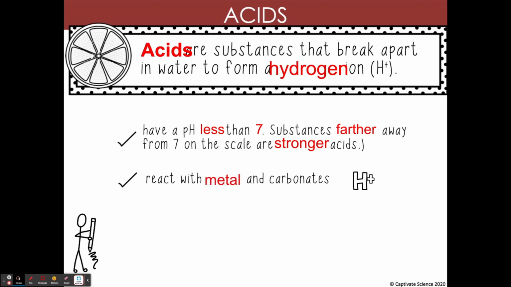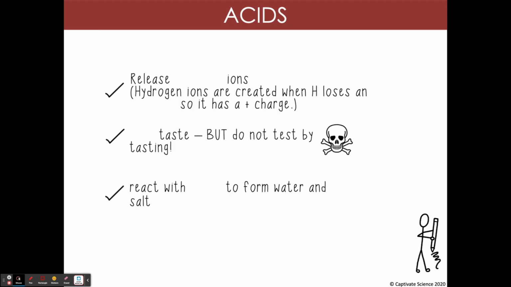Acids will also react with metal and carbonates. So make sure you filled in the red words on your notes. They release hydrogen ions. So hydrogen ions are created when hydrogen loses an electron, so it has a positive charge. So when that reacts with water, it will actually lose its electron.